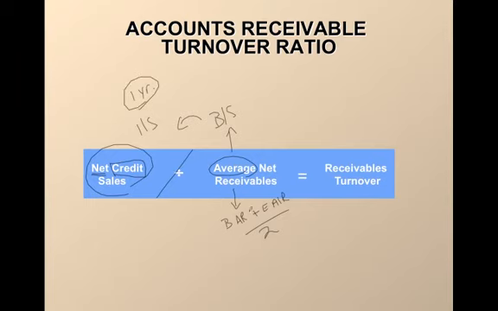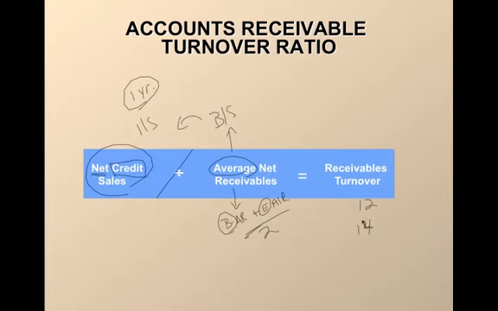So your beginning plus your ending divided by 2 will give you an average. And that's going to give you your receivables turnover. So this is going to give you how many times you collect your receivables in a year. Now that's hard to interpret because this is going to give you a number like 12 or 14, and it's not easily understood if that's good or bad.